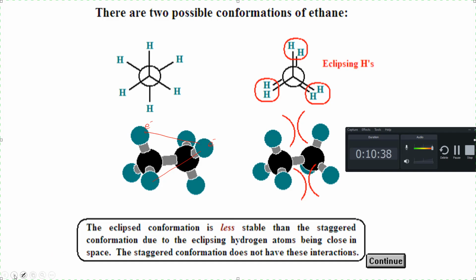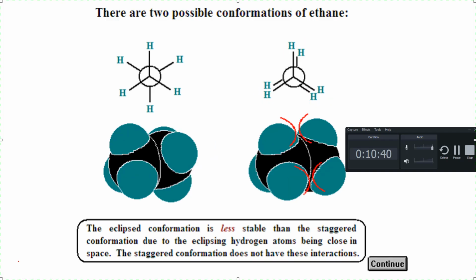And if we make a space-filling model out of these, you can definitely see that the hydrogens in the eclipsed are really close together, whereas they're as far away from each other as possible in the staggered form. So staggered is more stable than eclipsed. Eclipsed is less stable than staggered.